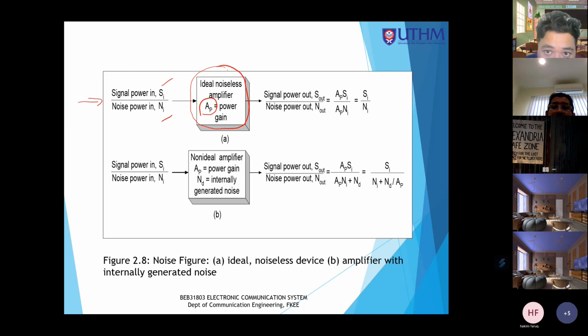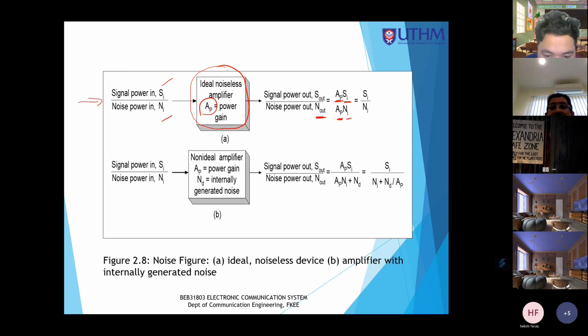Okay, so therefore the output S out would be A times SI. Okay, gain multiplied with the input signal. Manakala untuk output noise power adalah bersamaan dengan gain multiplied with the input noise power, A times NI. Okay, so input ini akan digandakan dengan faktor gain A.